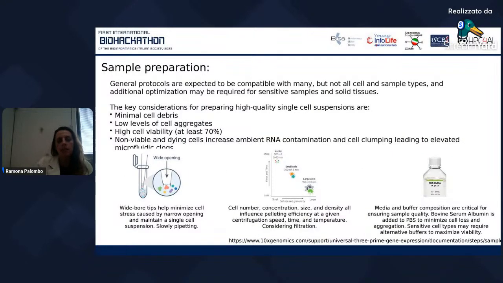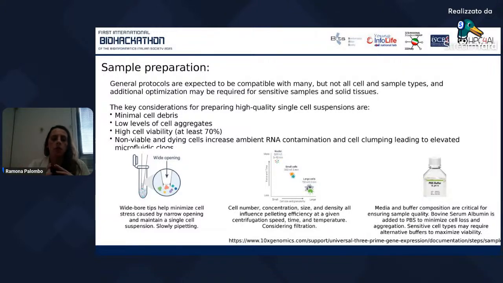But starting from the sample preparation, we have to be aware of some specific features of the samples, and we want to have high quality samples.